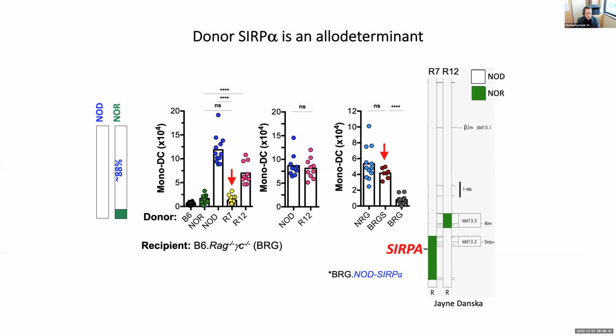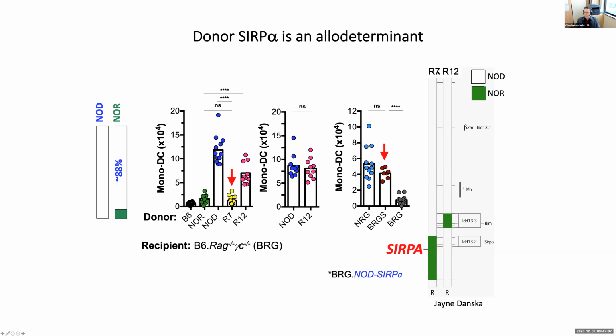Now, the difference between NOD and NOR mice is fairly small. The NOR mouse contains 88% of its genome from the NOD mouse, and the rest, the majority of it, is derived from B6 mice. And in collaboration with Jane Danska, who had created congenic NOD and NOR mice, we used these congenic mice to figure out where the different responses come from.